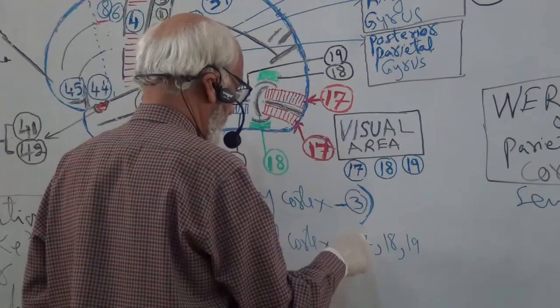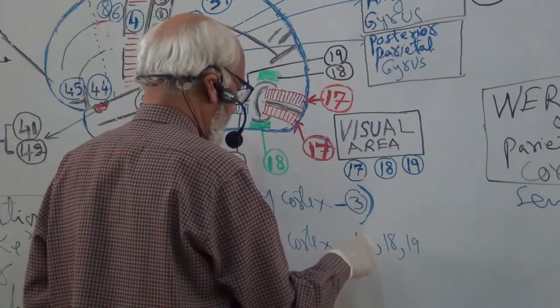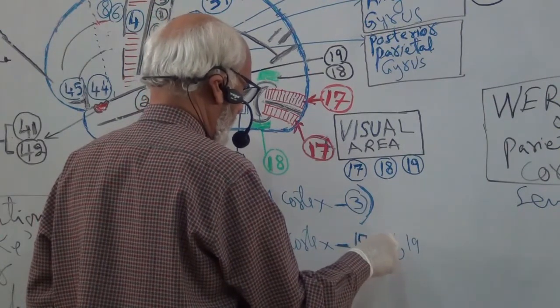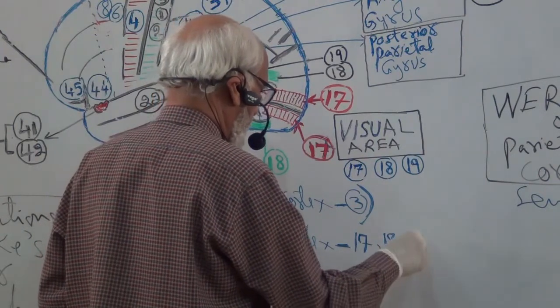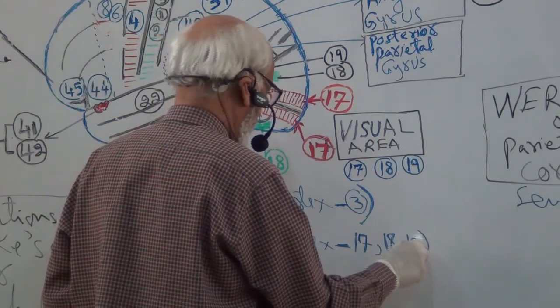Mainly 17. Information reaches here, then it is further interpreted by areas 18 and 19 in the occipital lobe.